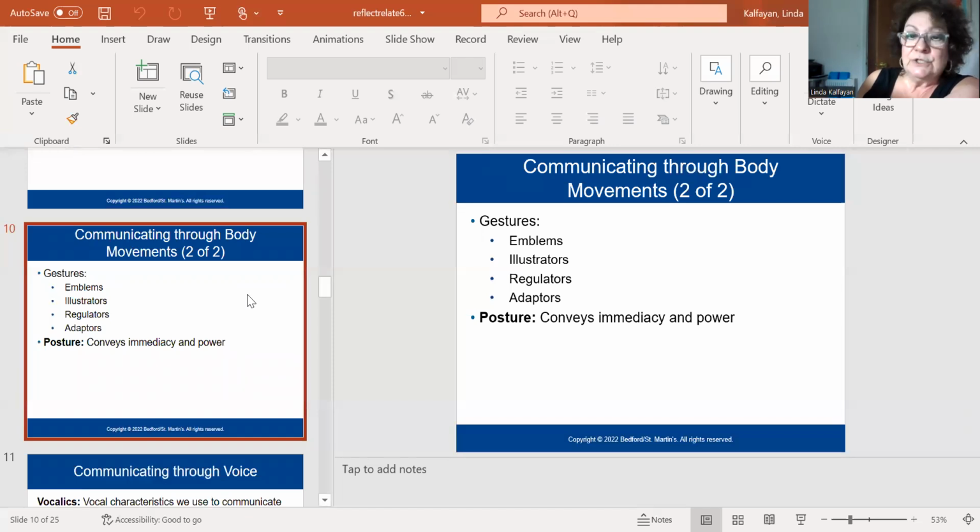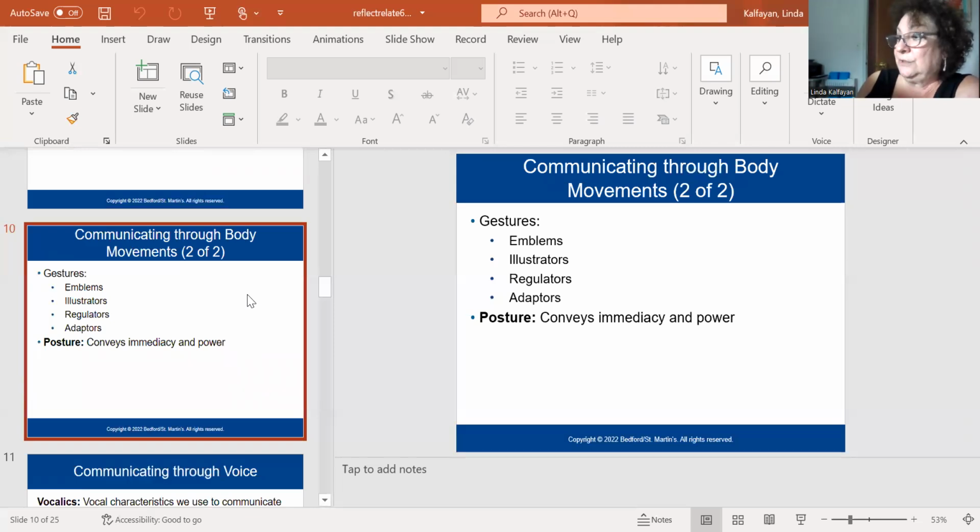An emblem would be something that we're used to, a wave. So that's an emblem, which substitutes for the actual word. Illustrators accent or illustrate a verbal message. So the first thing we have to do, so I'm accenting it. And that's what an illustrator does.